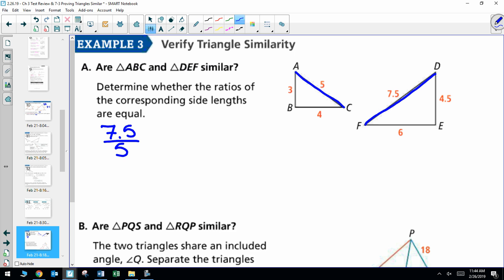And here, it doesn't really matter which one I end with or start with, because if I flipped all these fractions over, they should still be equal. Does that make sense? So I want to see if that fraction is going to be equal to this side compared to this side. So does 6 over 4 equal it?